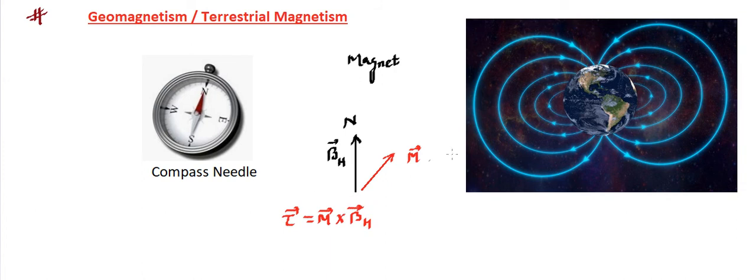Since this is the only torque, because it is so hinged, you will find that it rotates in this direction, and ultimately comes in this direction. So wherever the needle goes, we say that is the direction of north. This is how the north direction is ascertained.